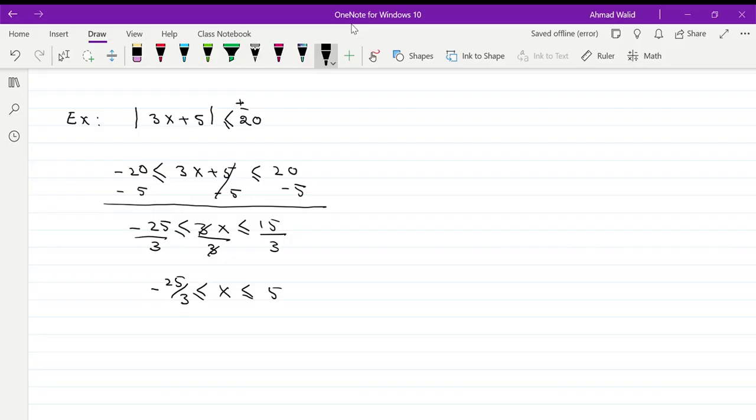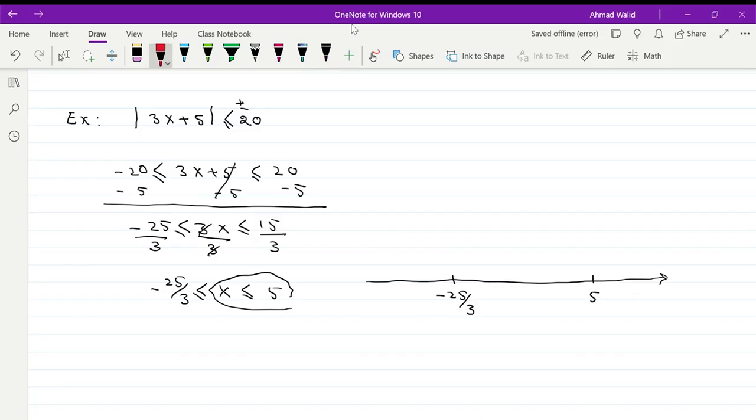Number line. Here is your 5, here is your negative 25 over 3, correct? Read this part first. X less than or equal to 5, bracket, moving to where?